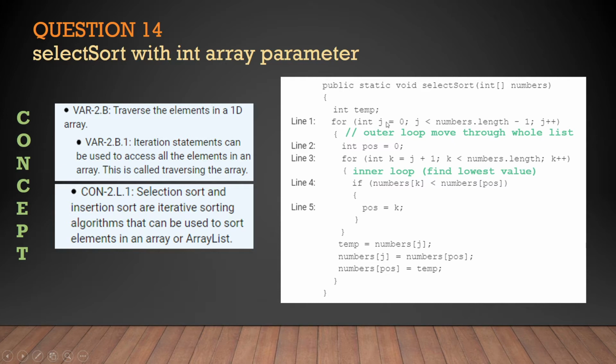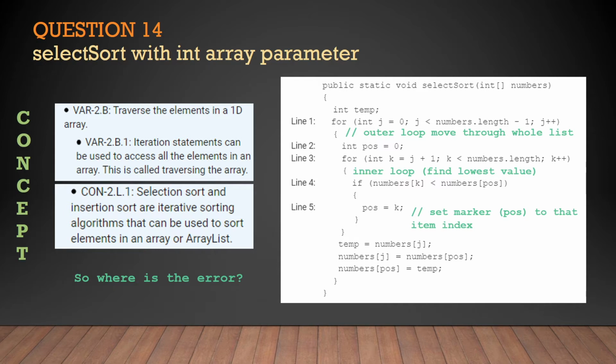So J holds the position, and K goes and searches for a smallest value, and then it swaps it into that J position. So essentially this is what we're doing. And this pos thing is holding the position of the smallest number. Then we do a swap at the end. But there's an error. It's saying there's an error in this code. And to find the error, you'd really have to know what selection sort's meant to be doing.